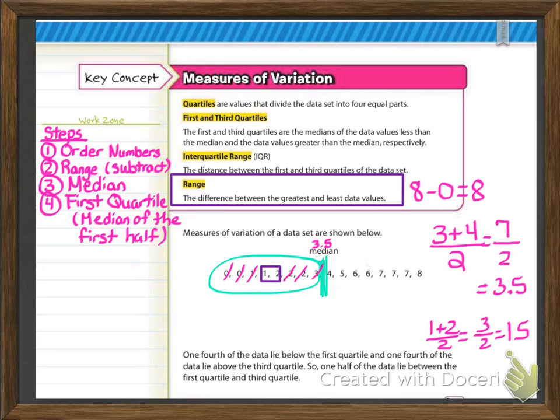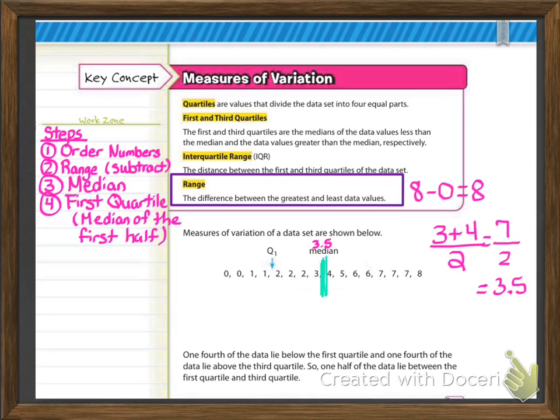The median is the number that's going to be between the 1 and the 2. Think about what's in the middle of 1 and 2: the number 1.5. So I'm going to erase all the markings that I did, but our first quartile is going to be between the 1 and the 2, and that's located right over here. I'm going to fix my screen so it looks a little more like yours.